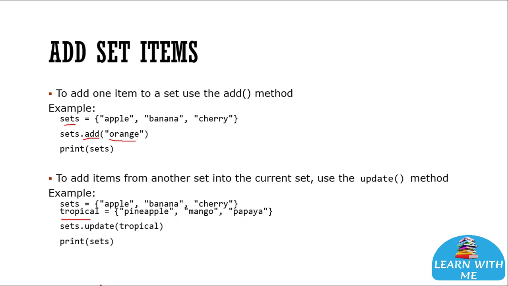Remember one thing: after adding, don't think that pineapple, mango, papaya will be appended at the end of the set. They can be at the front, in between, or anywhere, because these are randomly arranged.